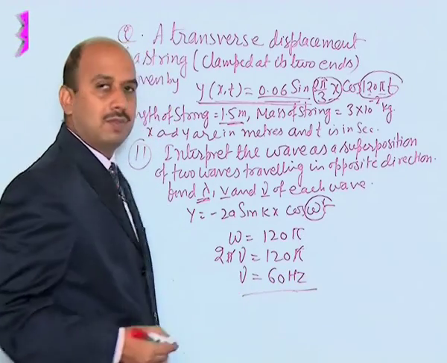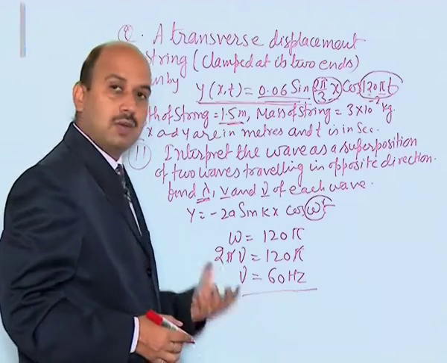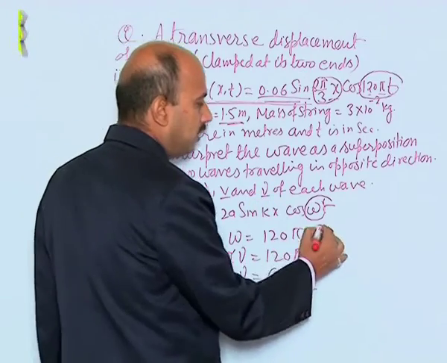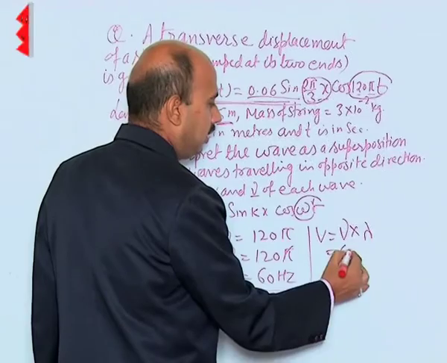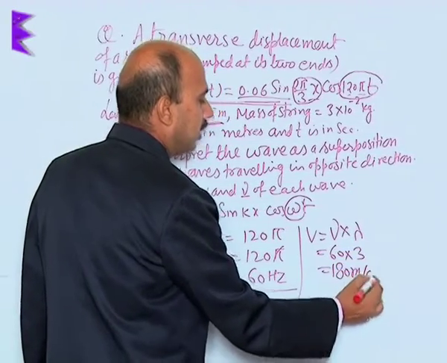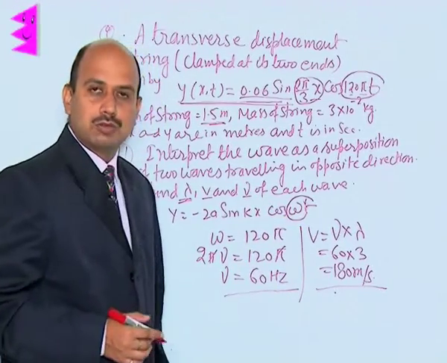So, we have got frequency ν = 60 hertz. If we have got frequency, we can calculate its velocity also. So, velocity is equal to frequency into λ, that is 60 × 3 = 180 meter per second. So, we have calculated velocity also.